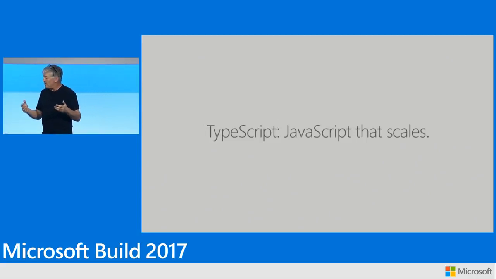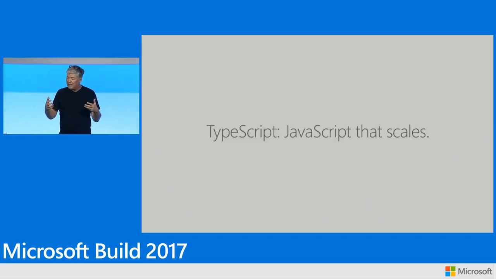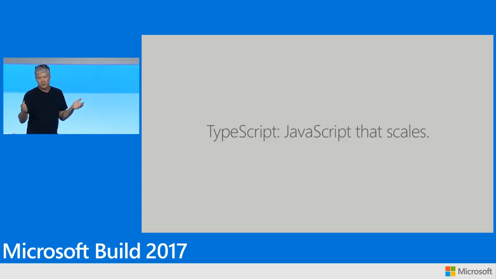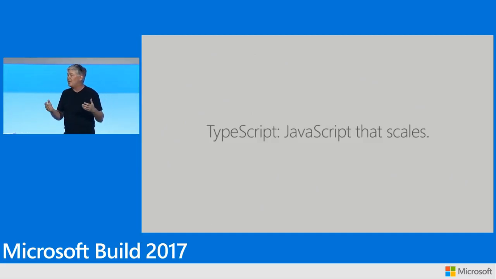And so with TypeScript, we basically set out to add these things that are missing. At the time, when we started 5 years ago, JavaScript didn't even have modules or classes. And so those were obviously targets. But in particular, JavaScript doesn't have a static type system.